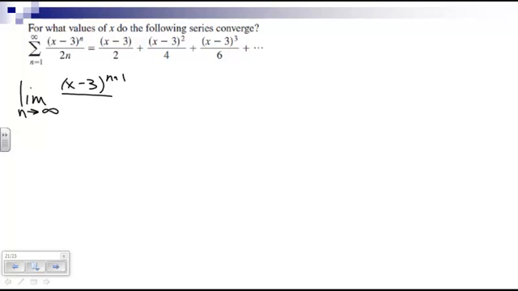We can't cancel it, we can't factor it out. Yeah, we need to factor the 2n over 2n plus 2 out, and then take the limit, which is 1. What does this end up being?